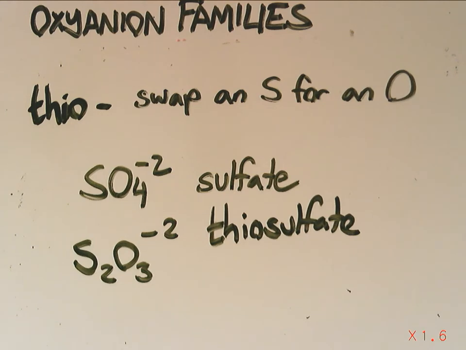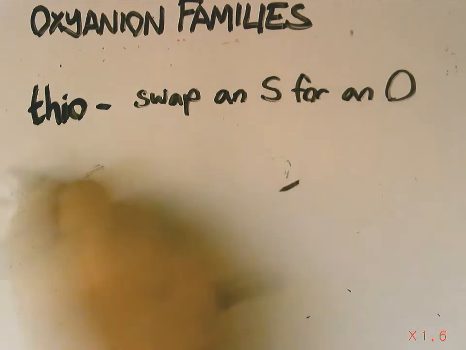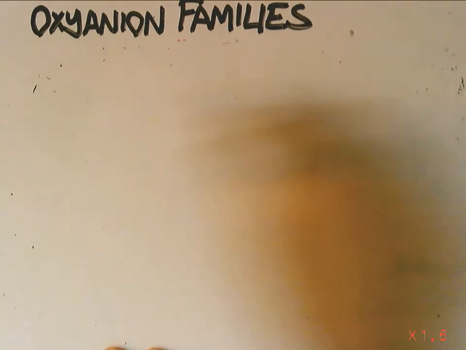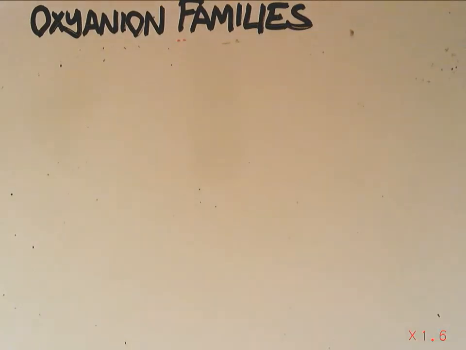Okay, one last way to derive more ions from the head of the family. You can put a hydrogen ion onto negative ions.